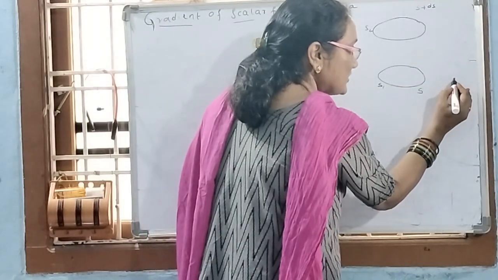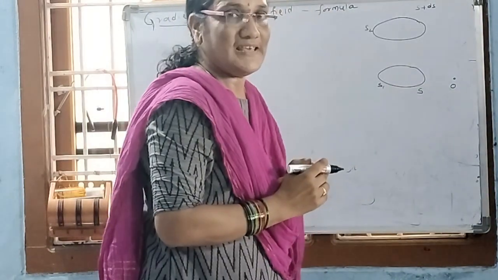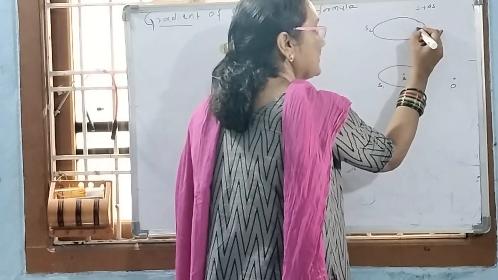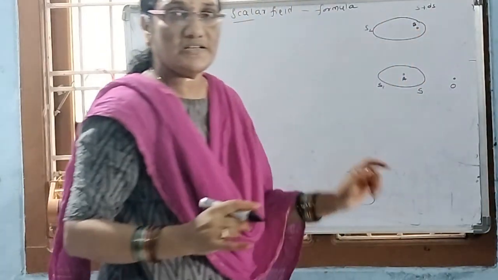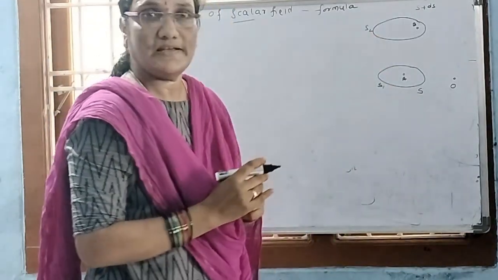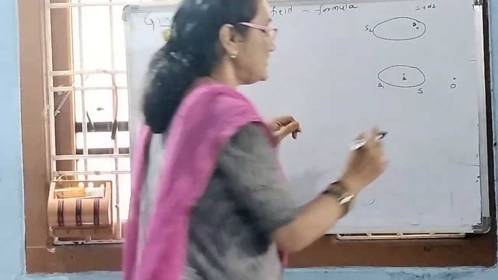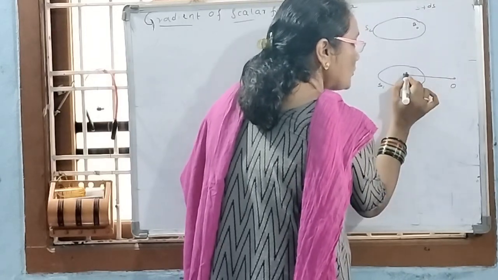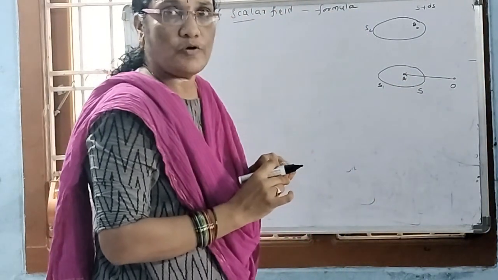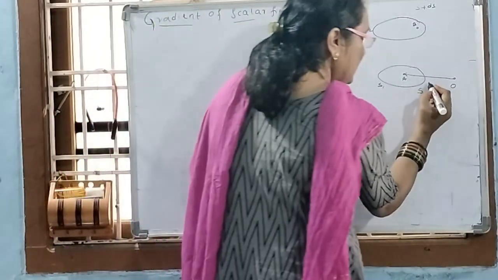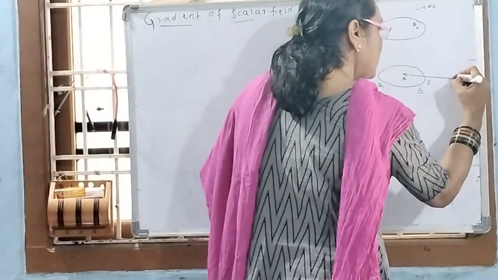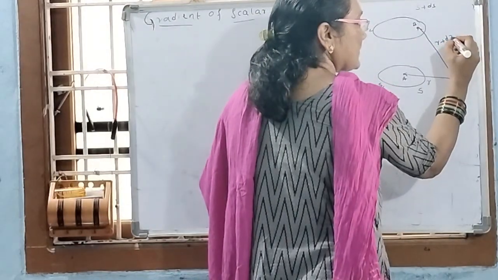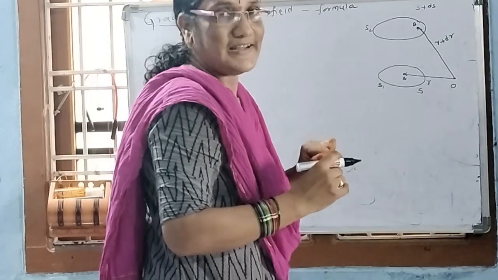I'm considering a point O here. I'm considering two points, one A, other B, on surfaces S1 and S2. Let the distance from O to A, or the position vector, be r. And from O to B, it becomes r plus dr, right?